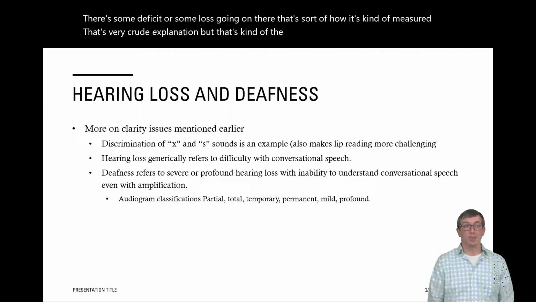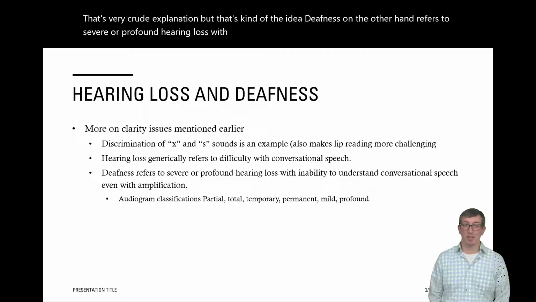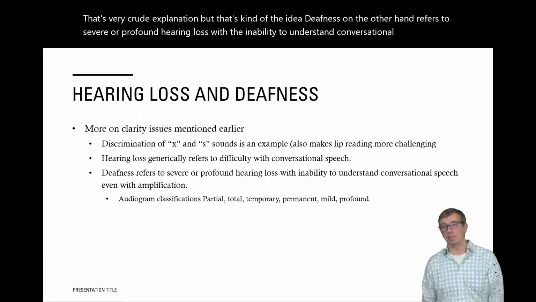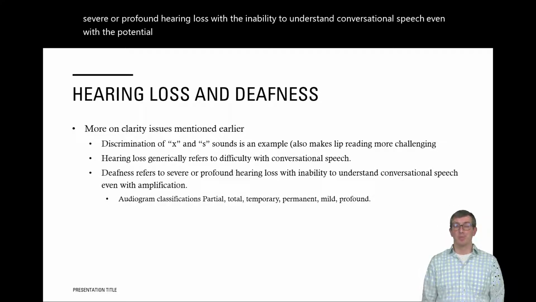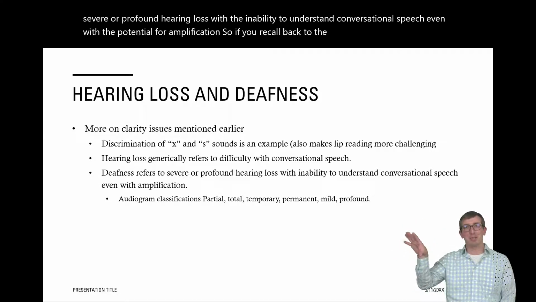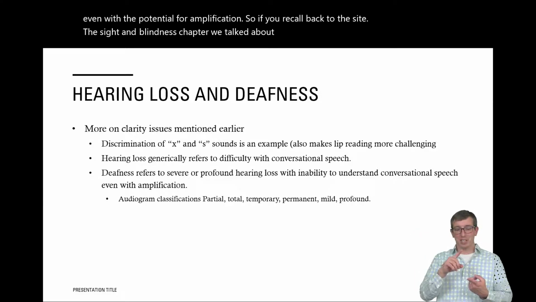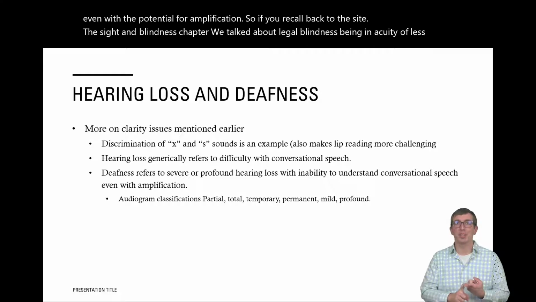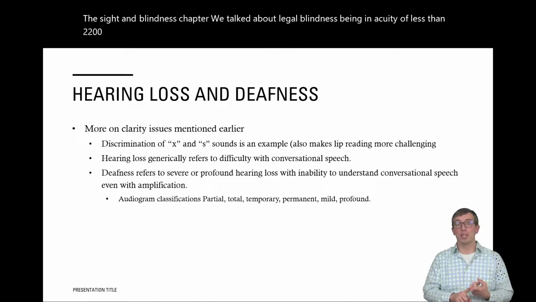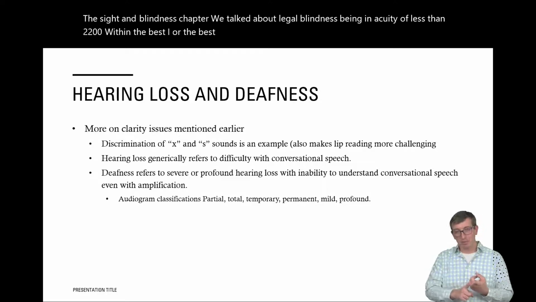Deafness, on the other hand, refers to severe or profound hearing loss with the inability to understand conversational speech, even with the potential for amplification. If you recall the sight and blindness chapter, we talked about legal blindness being an acuity of less than 20/200 in the best eye, with corrective lenses on.